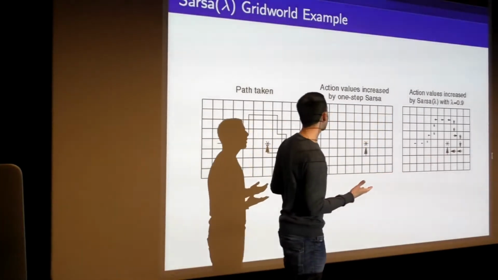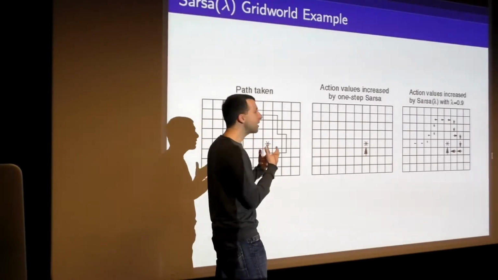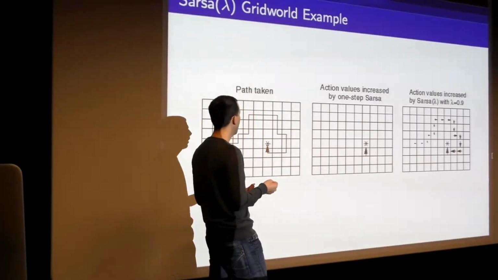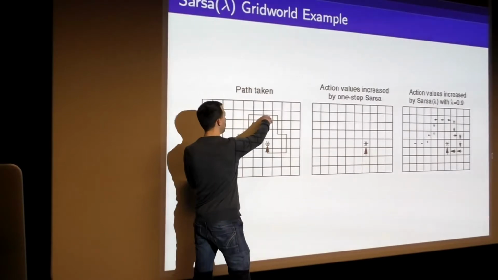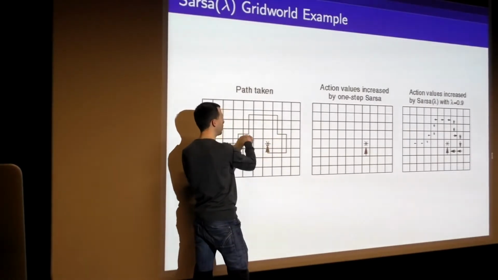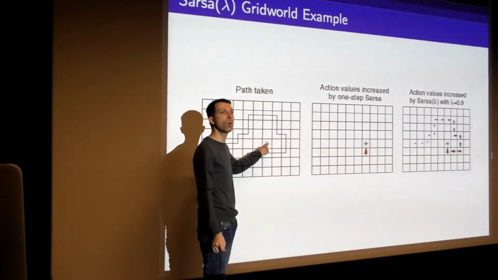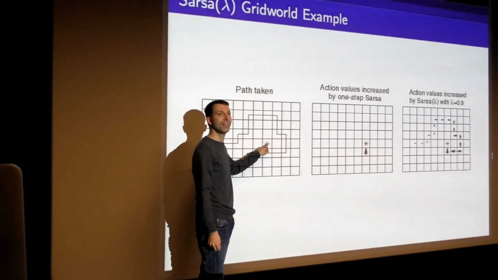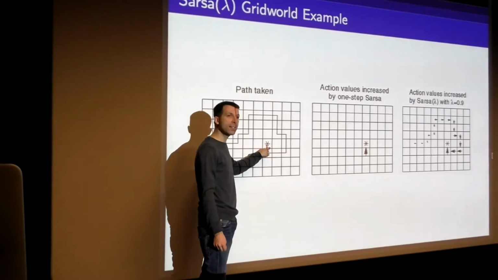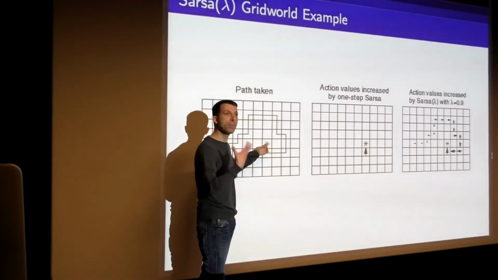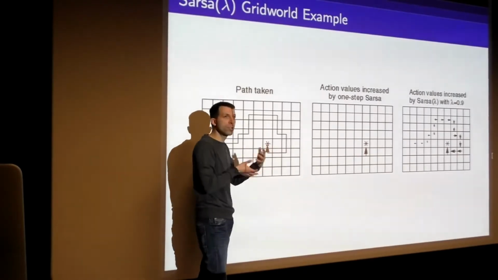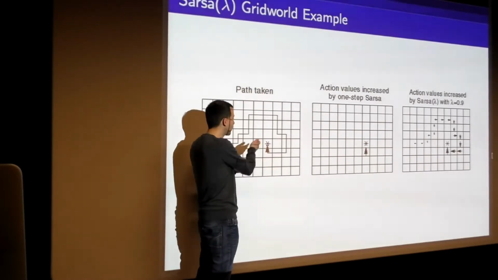So what would the updates look like? Well, if you just did one-step Sarsa, you get to the end here. You started off thinking you had a value function of 0 everywhere. You get to the end and you're like, aha, I actually got a reward of 1 once I reached there. So surprise, now you need to make some updates to adjust the values of your trajectory towards what actually happened.